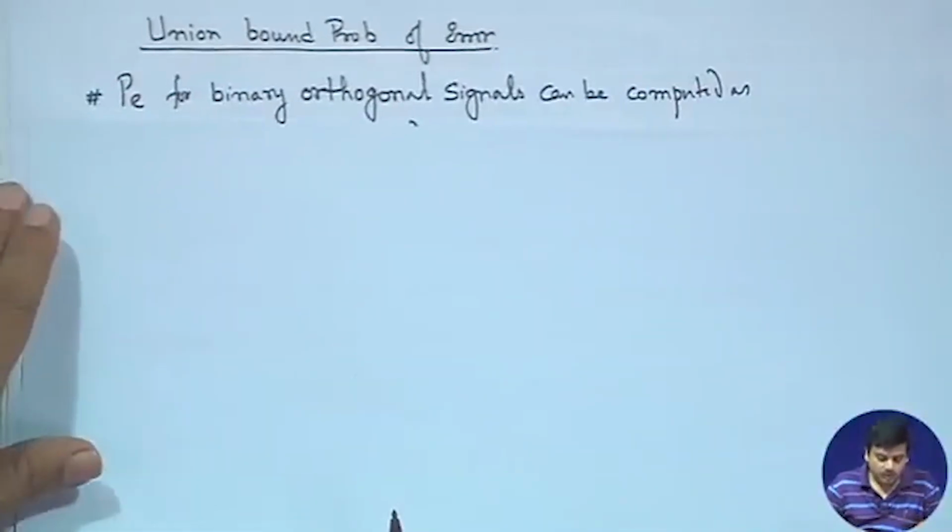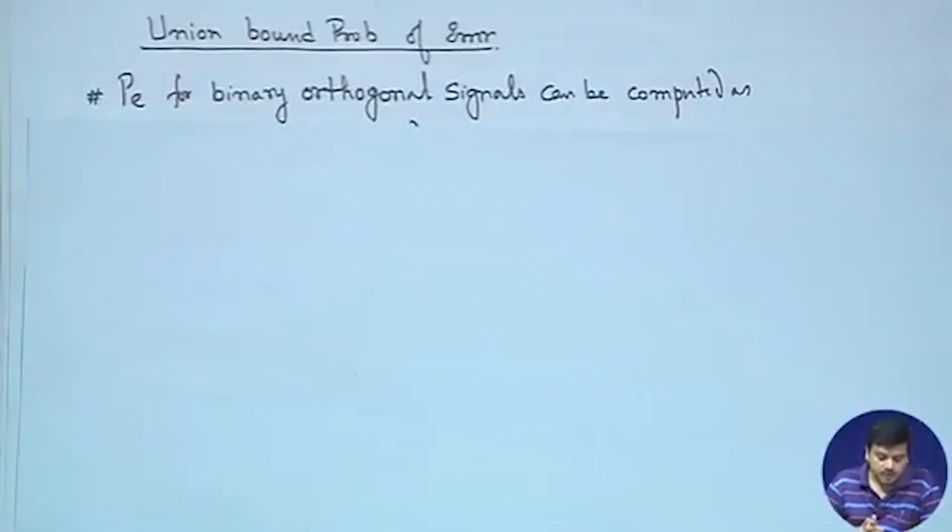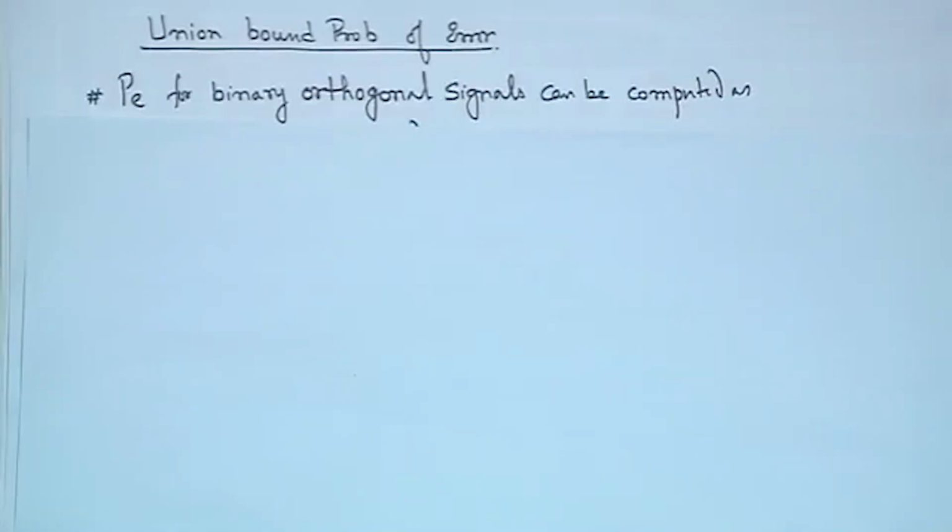What we could do is calculate the probability of error for the binary orthogonal signals. We did not give the result, but it is not very difficult. It is basically using the correlations, that is C of R S1 and C of R S2. If S1 is sent, what is the probability that the outcome C of R S2 is greater than the outcome of the correlator C of R S1?